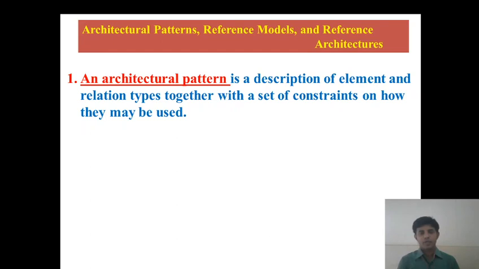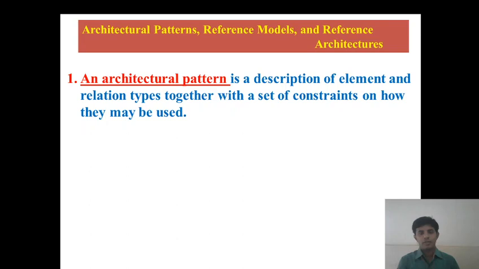Whatever constraint you apply on your architecture is known as architectural pattern. Or simply, we already know a software architecture is a collection of elements or components and the connectors. Now what are components? Modules.